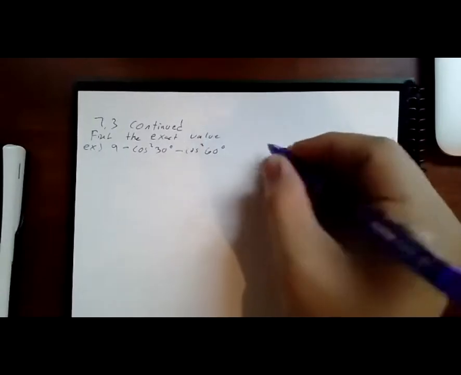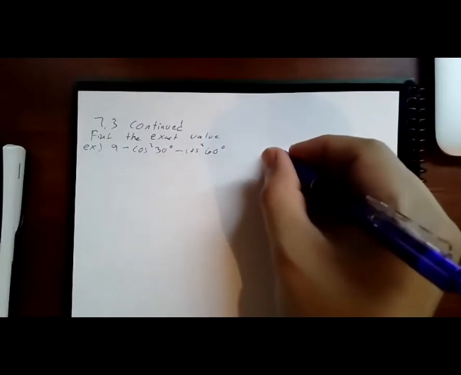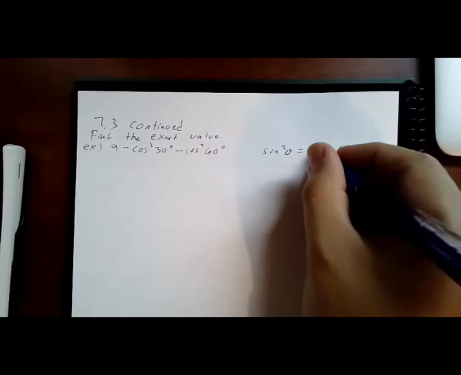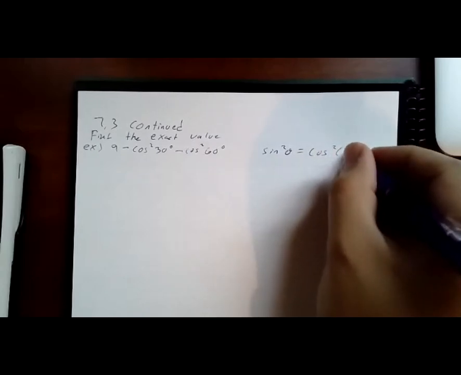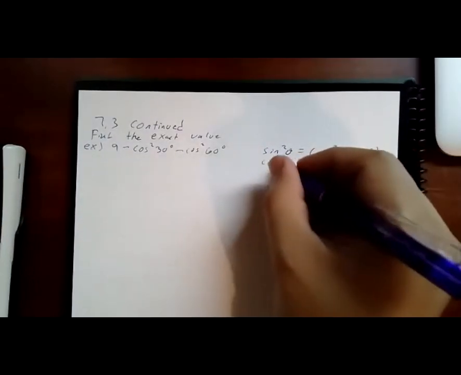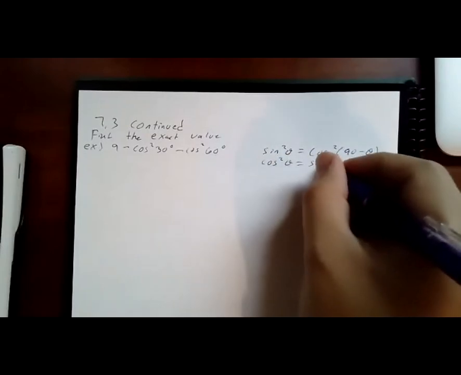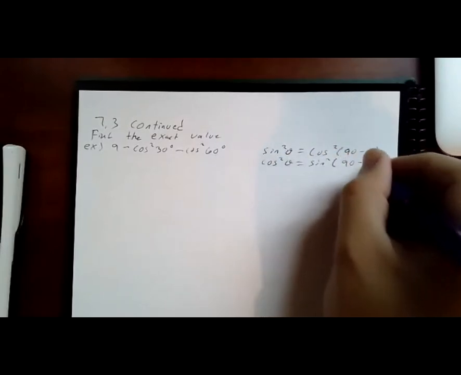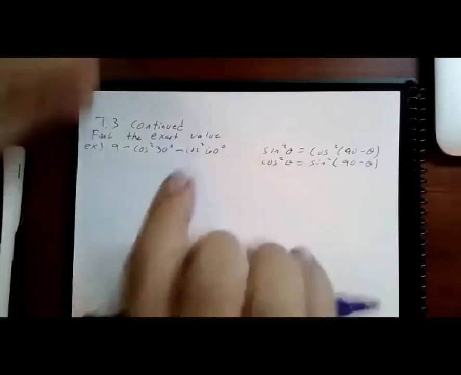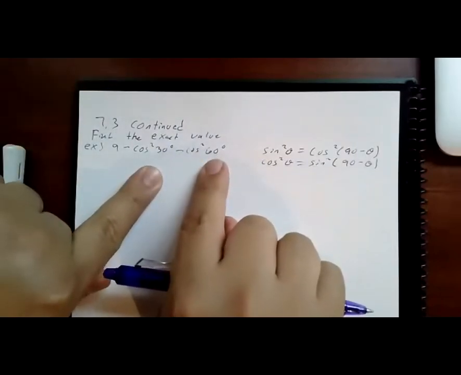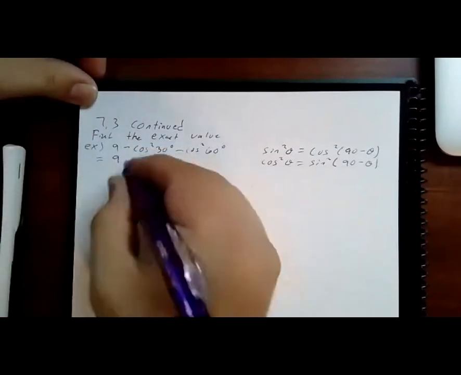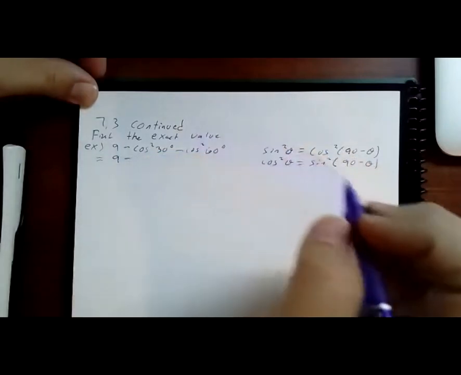But technically, I could use the fact that sine squared theta is equal to cosine squared 90 minus theta, and cosine squared theta is equal to sine squared 90 minus theta. Meaning, you don't have to do it this way. You could just figure out the values right away from the unit circle. But just to practice what we learned from the last section, I'm going to do it this way, just for fun.